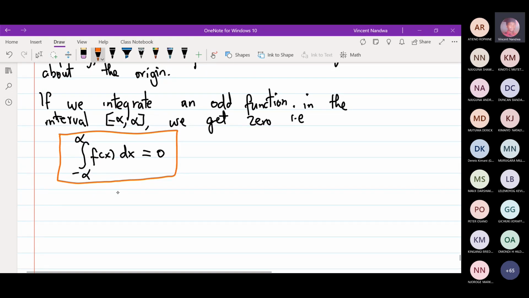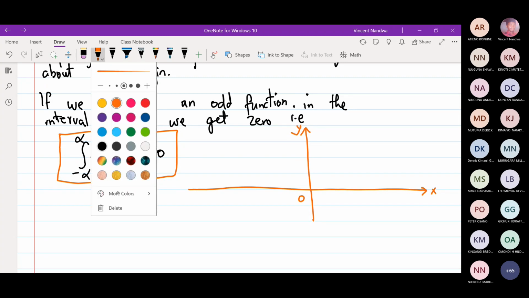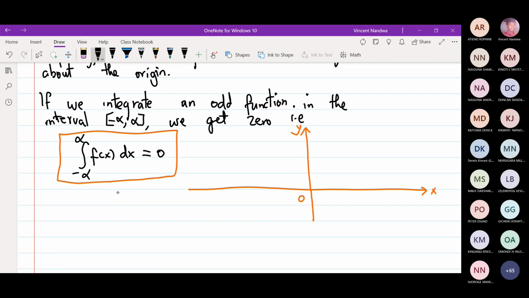Here is a sketch of an example of an odd function. This is a graph of which function?